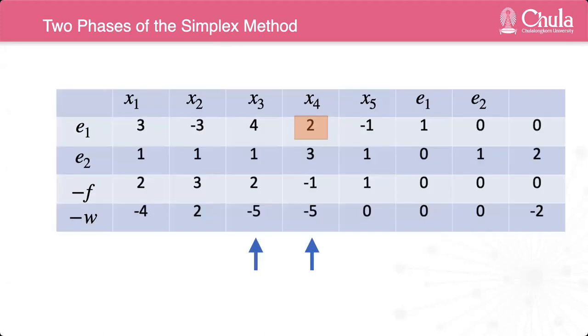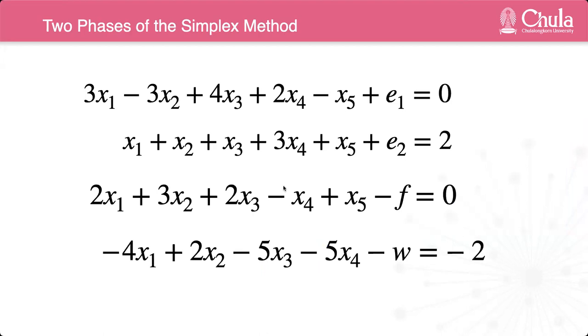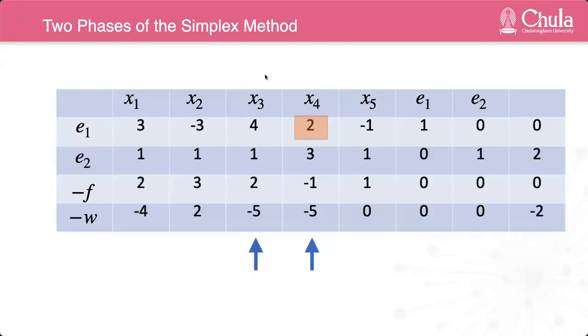And from this expression, we construct the table again: x1, x2, x3, x4, x5, E1 and E2. The first and the second lines are quite straightforward: 3, minus 3, 4, 2, minus 1, 1, and 0.